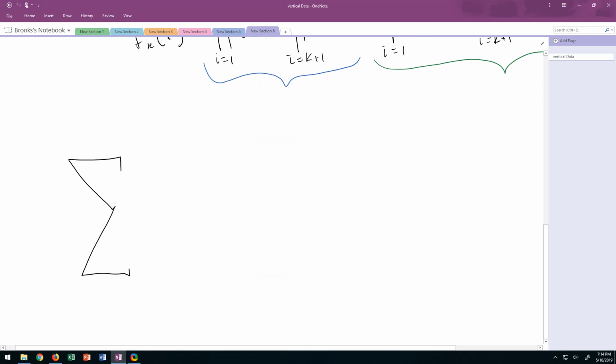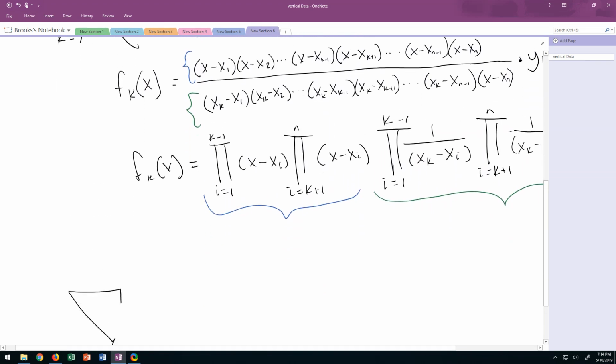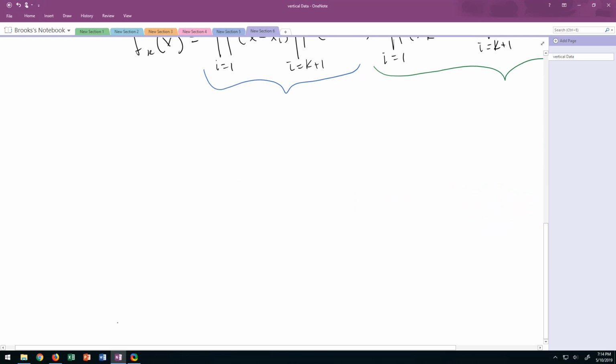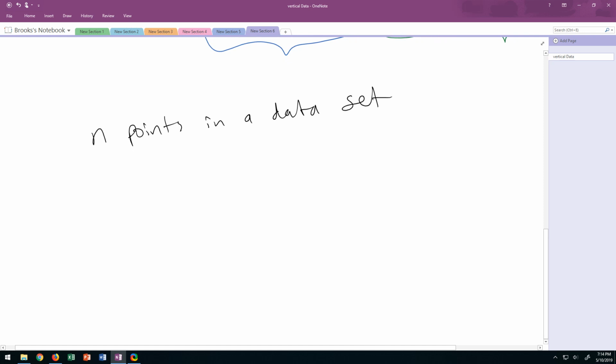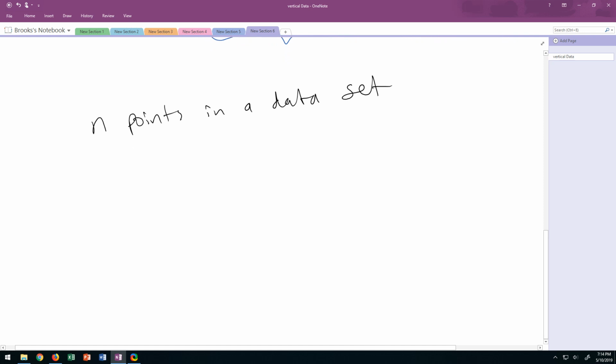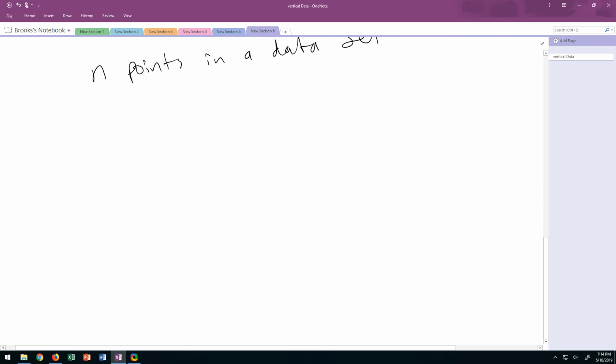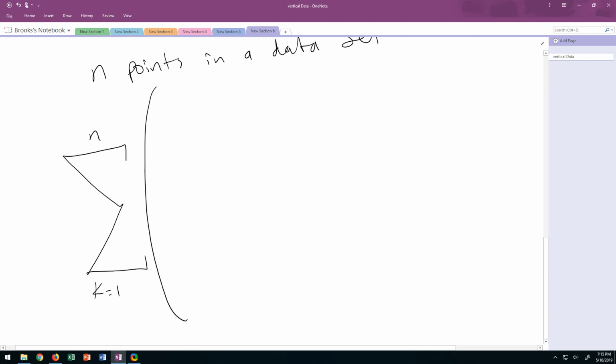Sorry, I should specify what we start with. We started with n points in a data set. And I've already vertically averaged them, and I've already sorted them. You don't actually need to sort them. All right, this is what it's going to look like. Big sigma, the sum from k equals 1 to n of the biggest parentheses you've ever drawn in your entire life.